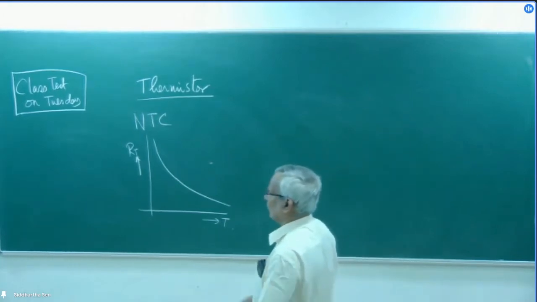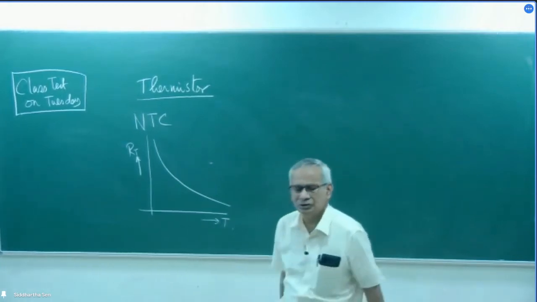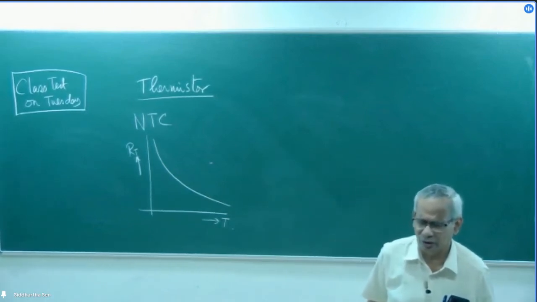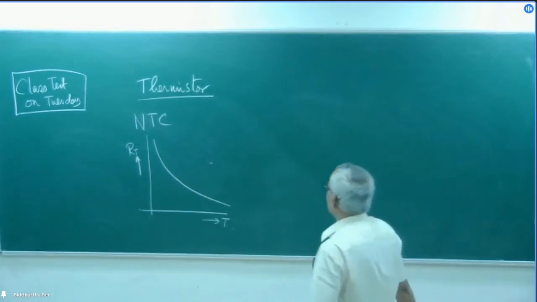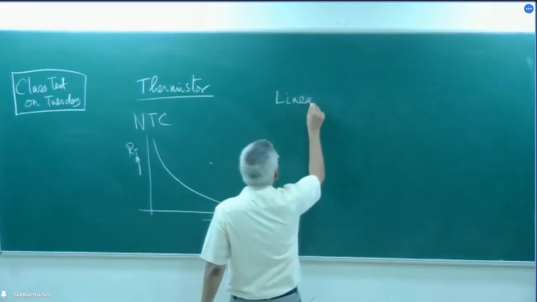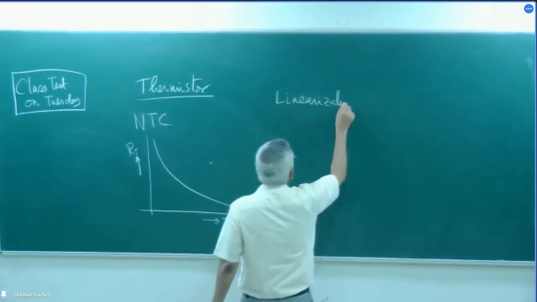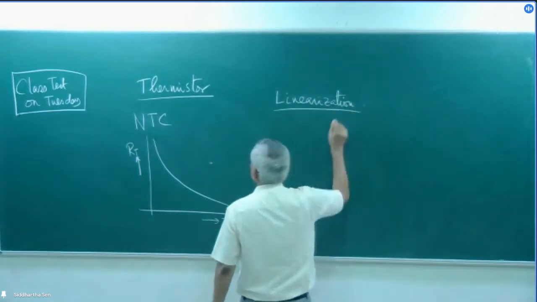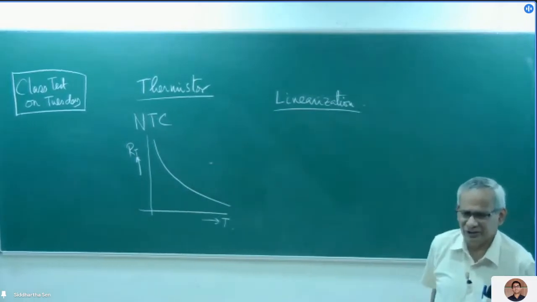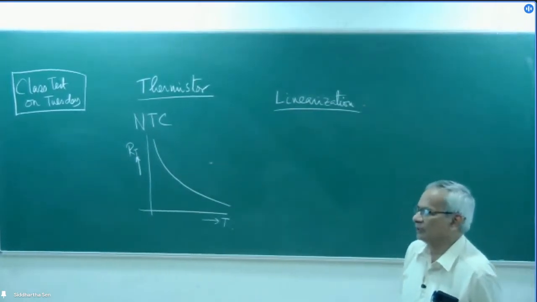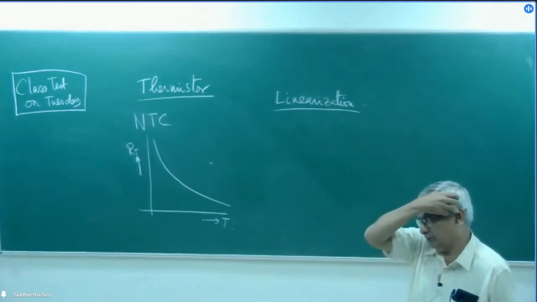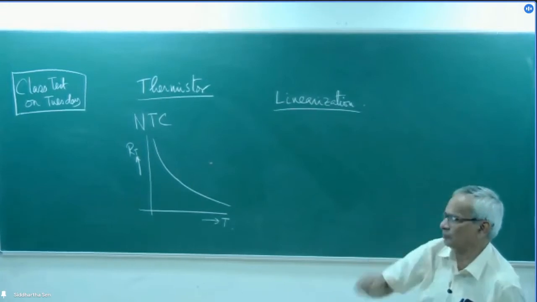As I told you, whenever we discuss any sensor characteristics, we always look at whether the characteristics is linear or not, and how to linearize the characteristics. The thermistor has a highly nonlinear characteristic compared to RTD, so naturally linearity is more important.